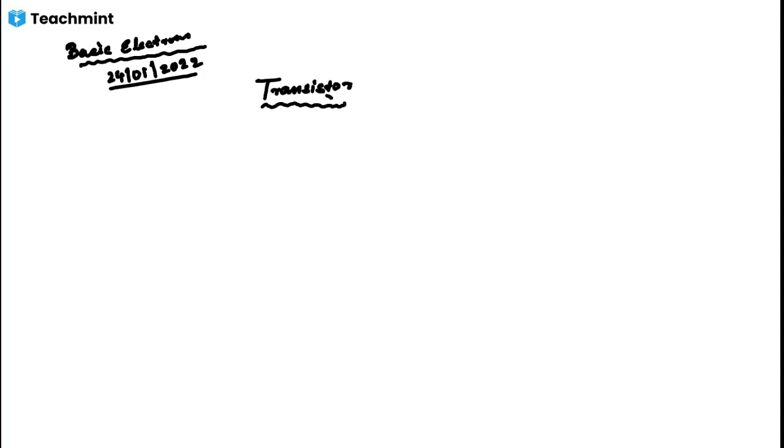When a third doped element is added to a crystal diode in such a way that two p-n junctions are formed, the resultant device is called a transistor.